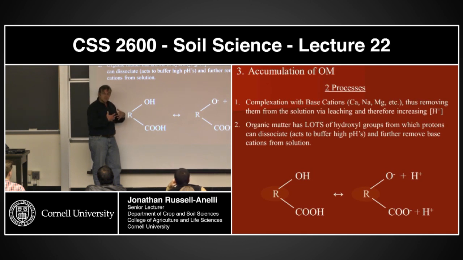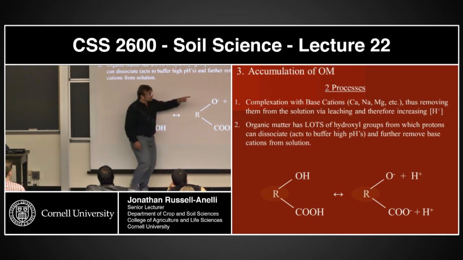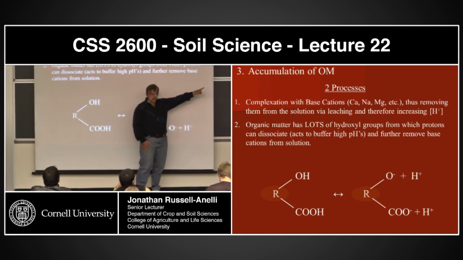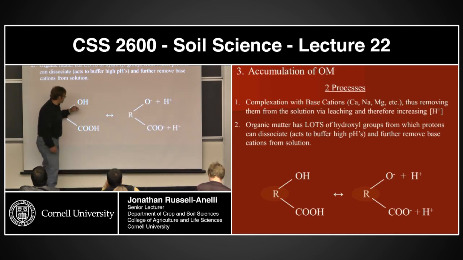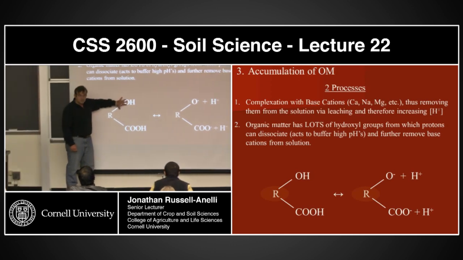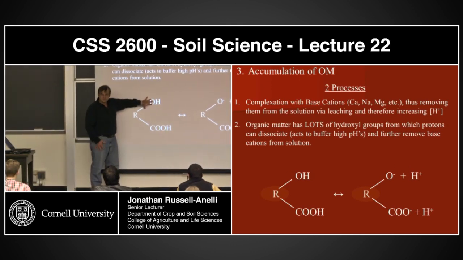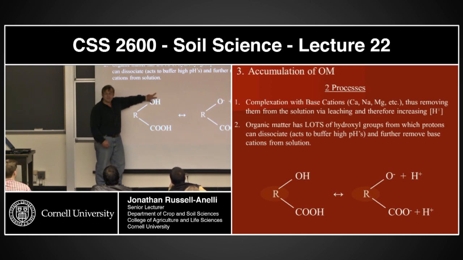Now if I start pulling in more base cations and I start increasing the relative concentration of the protons, what's going to happen to the pH? The pH is going to start dropping, right? And if the pH starts dropping, let's go right back to this. If the pH starts dropping, what are those protons going to do? They're actually going to go back, and then another proton is going to bind on here, so I in fact have two, and I now have a positive charge, right?